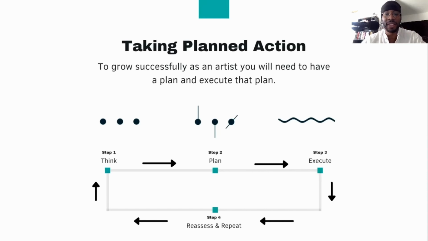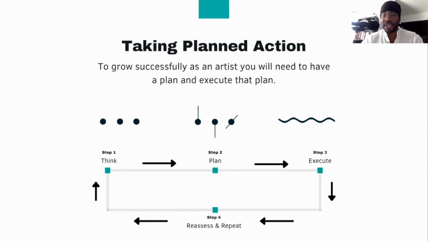It's basically, the first thing you need to do is dream. What do you want to have in life? What do you want to accomplish? Start thinking about what you want. Once you figure out what you want, then you go into the planning stage where you start planning out what needs to get done in order for you to achieve those goals. Then after you plan, you start to execute on those.